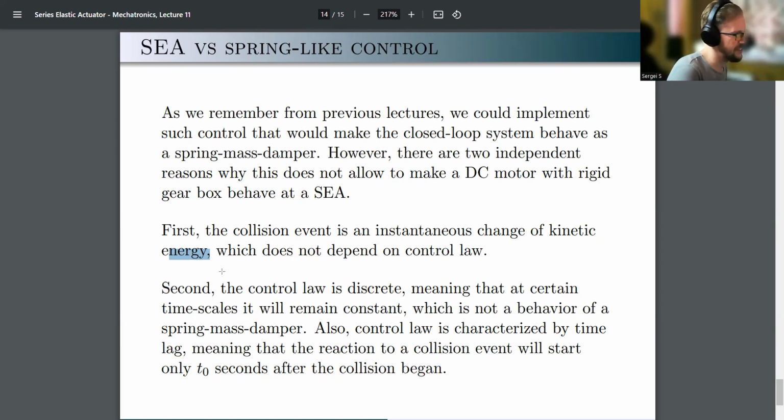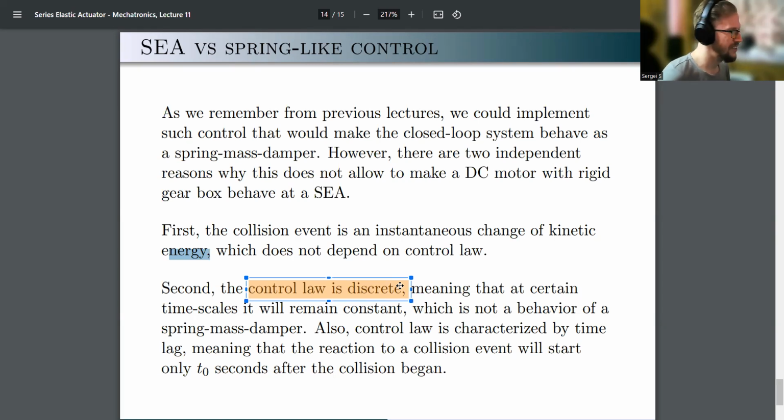We can give a second reason. The second reason is that control laws are usually discrete, right? That means that there exists a time scale on which the control law does not change. Let's say 10 milliseconds, for example.